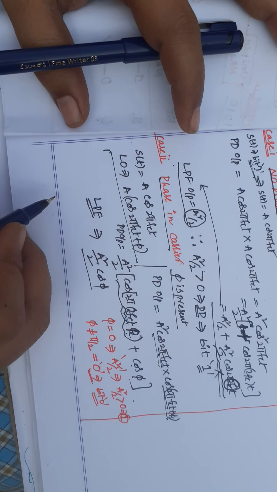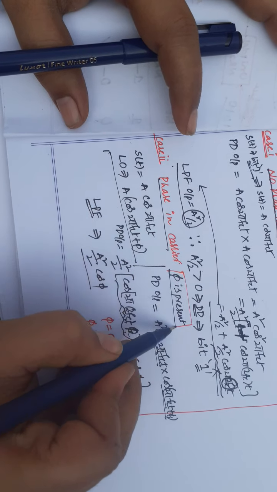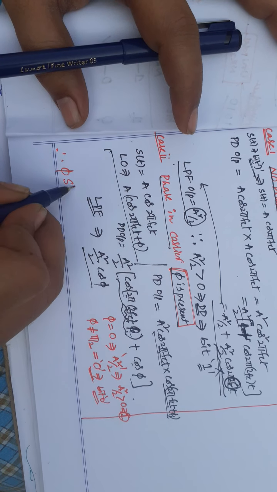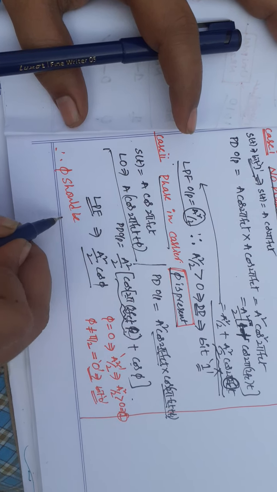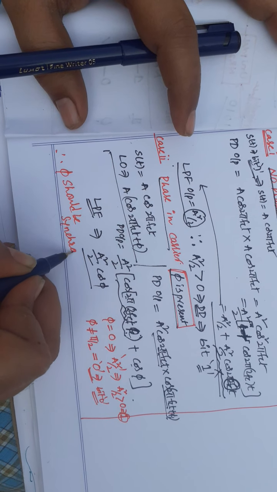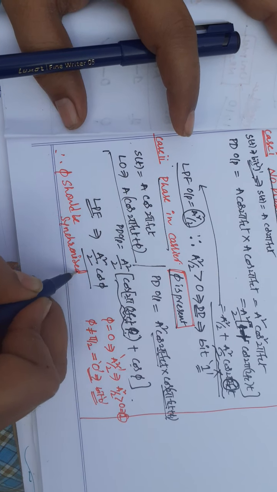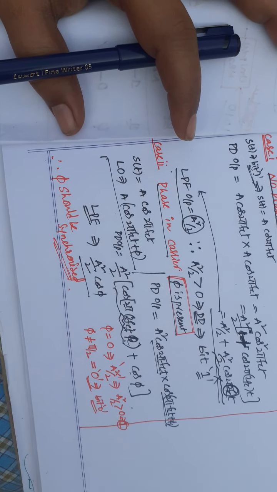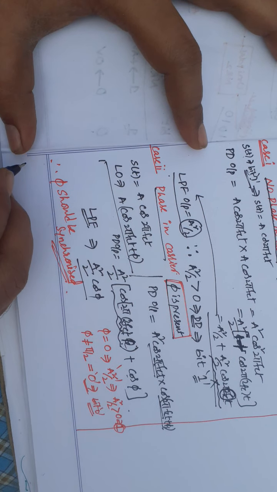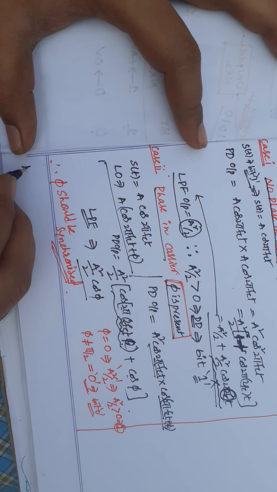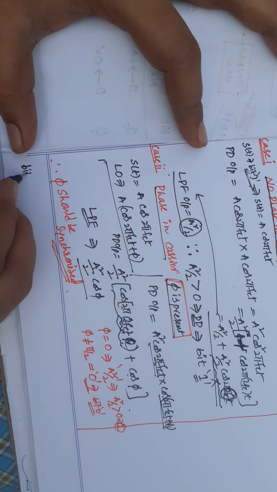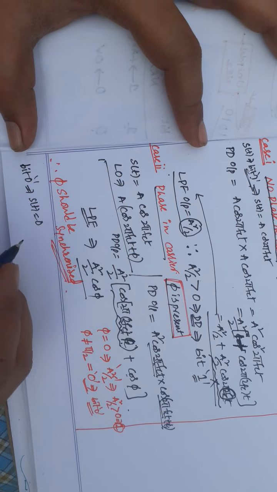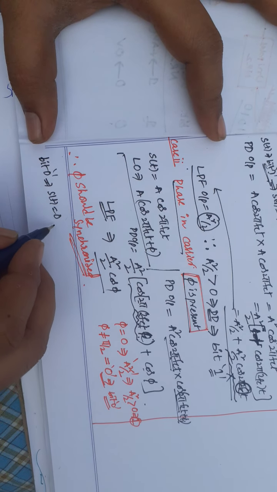So the final point: in coherent ASK, the phase also should be synchronized. Important, the phase should be synchronized. Now for the next one, if the bit is 0, the S of t equation is 0, right?